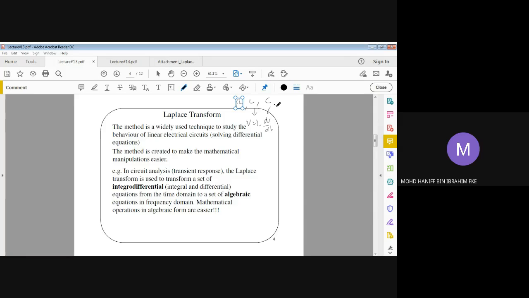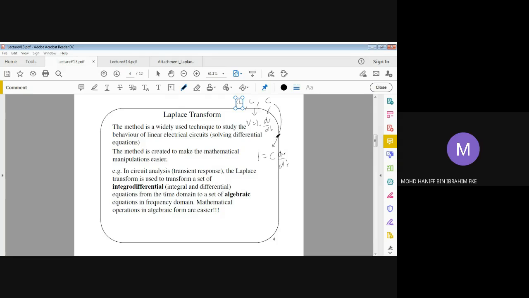For the capacitor, it is I equals C dV over dt, and it also involves integration. If you want to write the voltage V in terms of the current for a capacitor, the equation will be in the form of an integration.